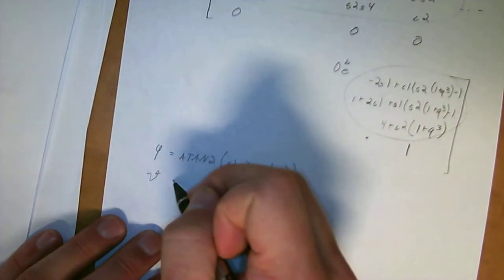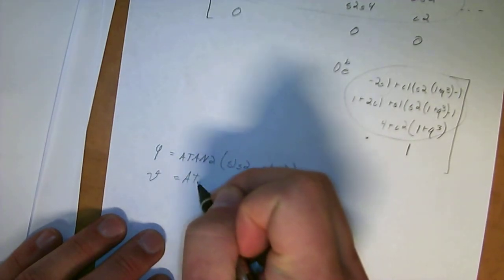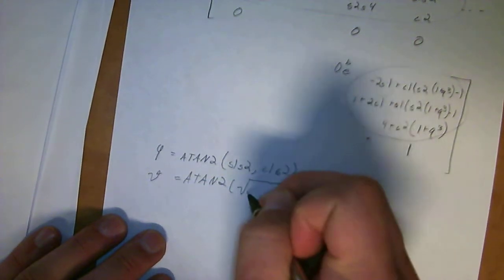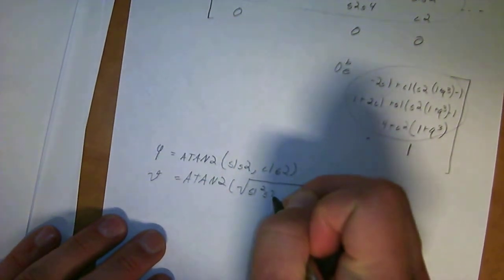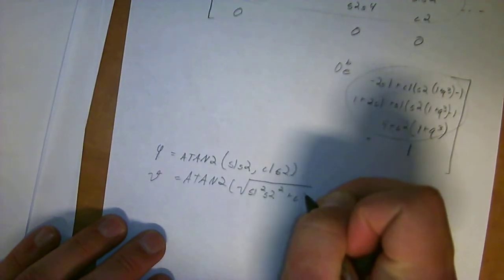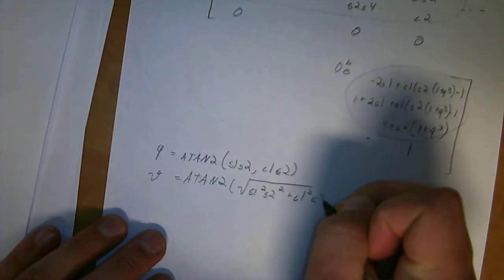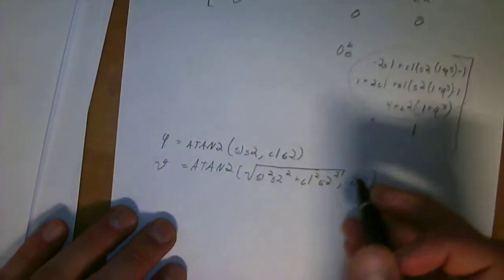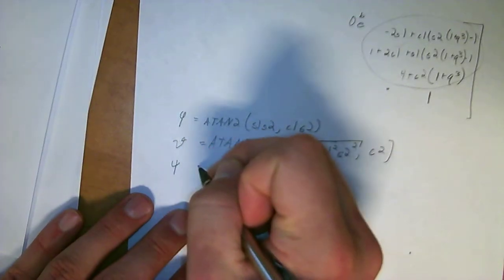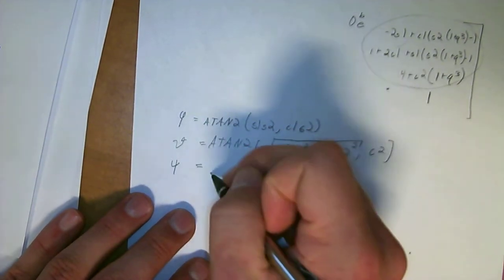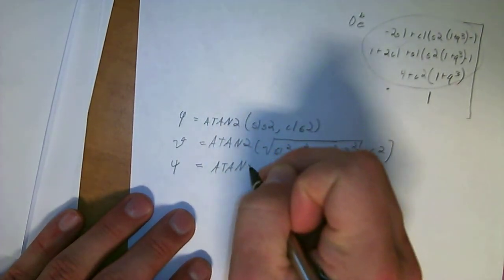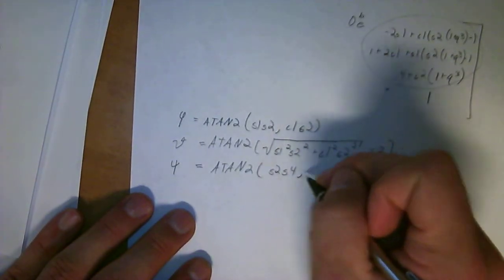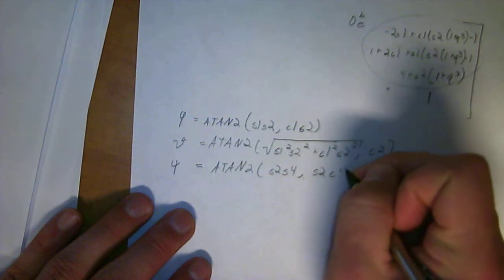And then theta is equal to A tan 2 of the square root of sine 1 squared sine 2 squared plus cosine 1 squared sine of 2 squared, by cosine of 2. And then this is equal to A tan 2 of sine 2 sine of 4 by sine of 2 cosine of 4.